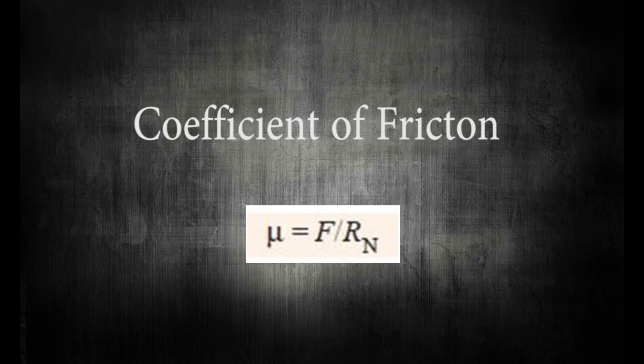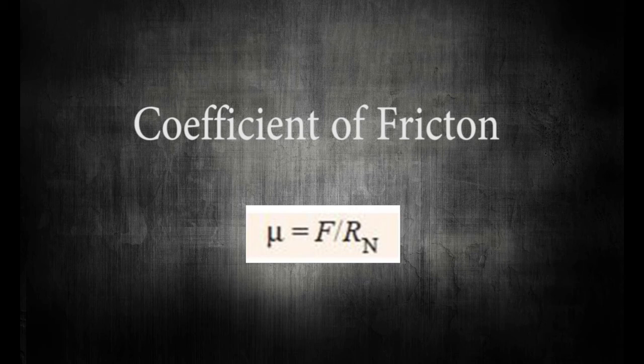So this is the coefficient of friction. It is the ratio of limiting friction to the normal reaction between two bodies. Remember that F is called the limiting friction. That is the amount of friction at which the body just tends to start moving. Remember that if we push any object, it doesn't move until the friction reaches the limiting friction.